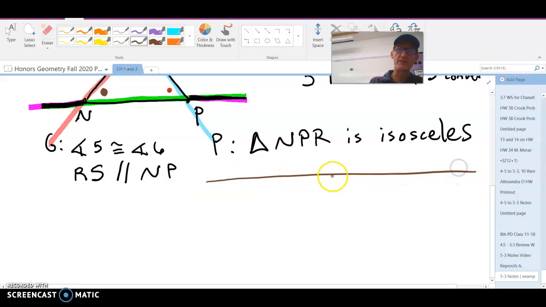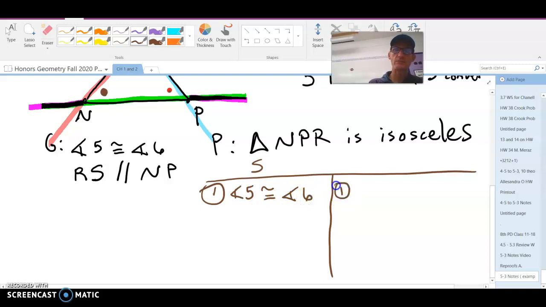So in order to get that done, we'll write out our first given. We're going to need these two givens to get these two angles. So angle 5 is congruent to angle 6, that's given. And the second given is that RS is parallel to NP.